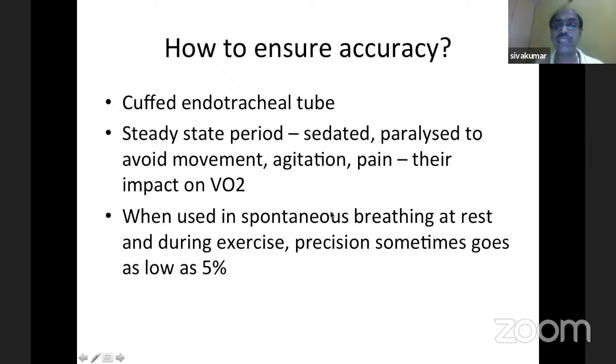But during such conditions, the precision of the measurement goes down to as low as just 5%, because a lot of contamination will be there from the air that is coming in externally. So when you are using it for precision, you need to be perfect, and that means you have to use a cuffed endotracheal tube, deeply anesthetized, sedated, and this is going to introduce its own difficulties.